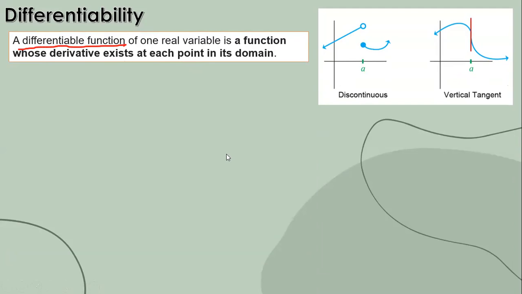So it says here that a differentiable function of one real variable is a function whose derivative must exist at each point in its domain, especially when we are given x is equal to c or a certain point.